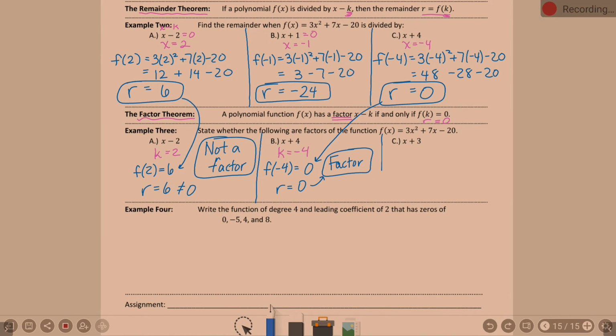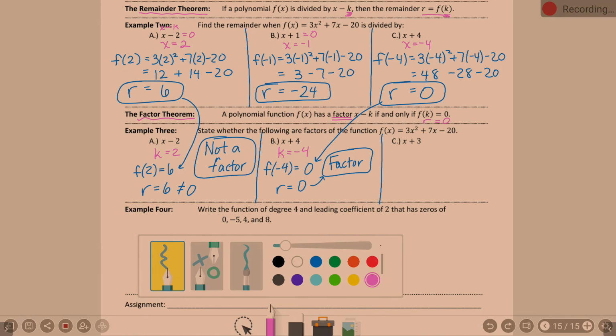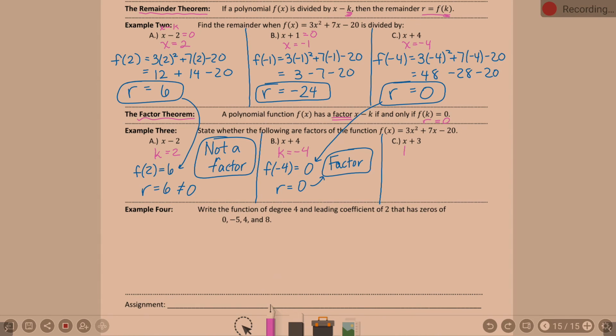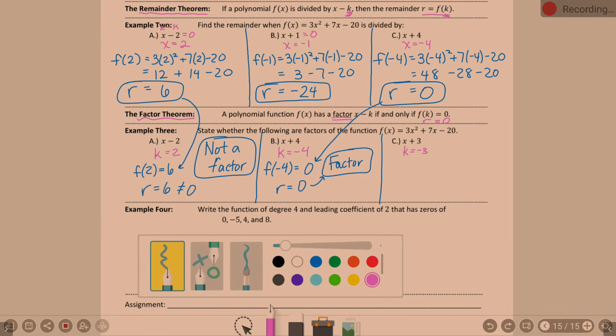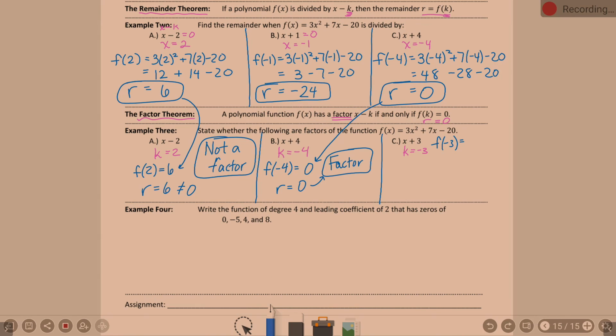What about C? What's my k value? Negative 3. So, what is f of negative 3? Have we already done this one? No, you have to do this one, right? Okay. Had to throw one in there to make you think. So 3 times negative 3 squared plus 7 times negative 3 minus 20.